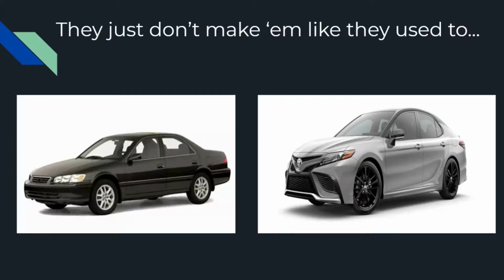You'll hear a lot of people, especially from older generations that had more experience with these older cars, drive these new cars and they might appreciate them, but they'll always say, they just don't make them like they used to. They're not as strong. They're not built from the same materials as they used to. They've gotten cheaper with their manufacturing.